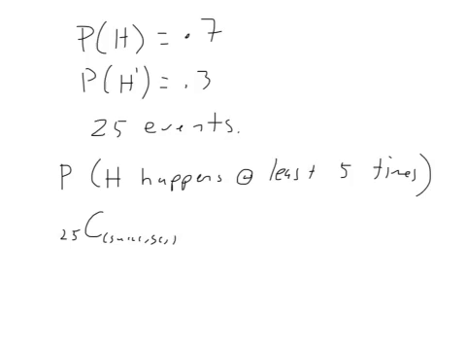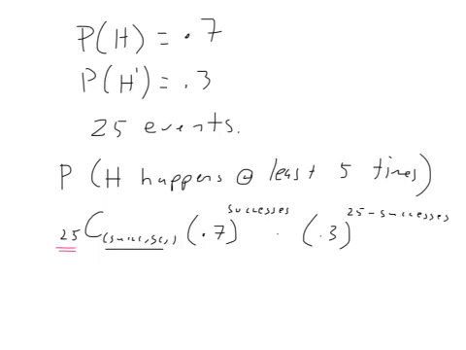And then however many successes we have, we're going to have the probability of a success, 0.7, raised to the number of successes. And then the number of failures we have, well, the number of successes plus failures must add up to 25. So this is going to be 25 minus however many successes I have.